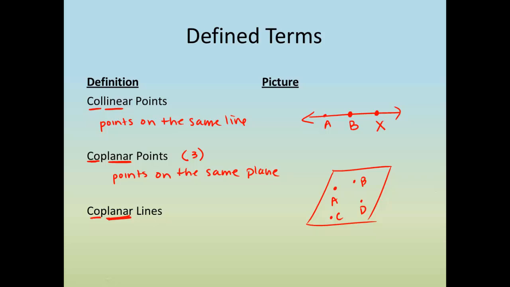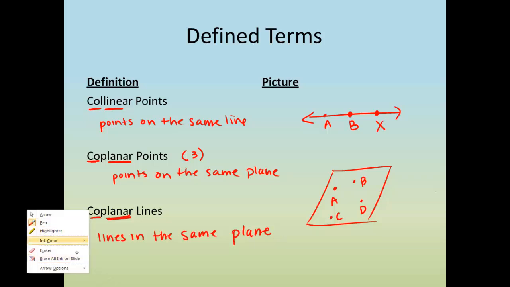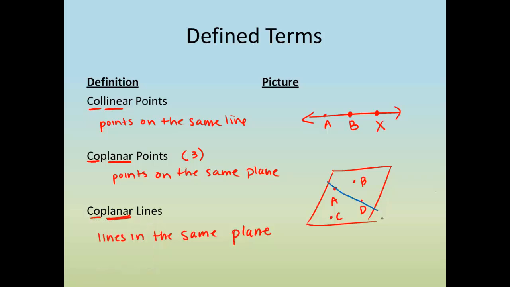Coplanar lines. Here we're talking about 2 lines that are in the same plane. So if we draw up the lines in the same plane, I'm going to use our previous example here, our previous diagram, and I'm just going to draw some lines through these points.